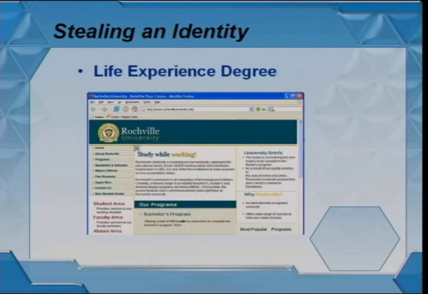Gee, wow. A life experience degree is a degree where you basically prove that you have worked in the field for so many years. And by proving, I mean you write three statements: I've been a neurosurgeon for, well, whatever, and done such and such.